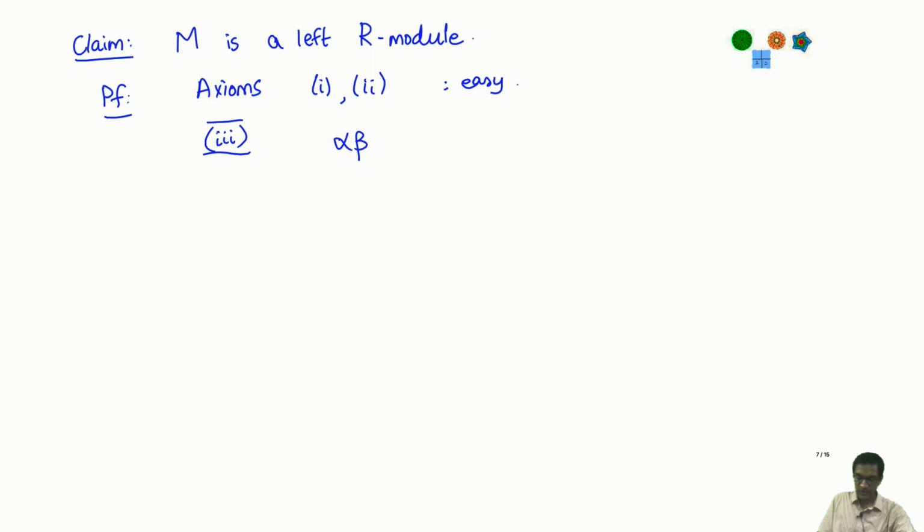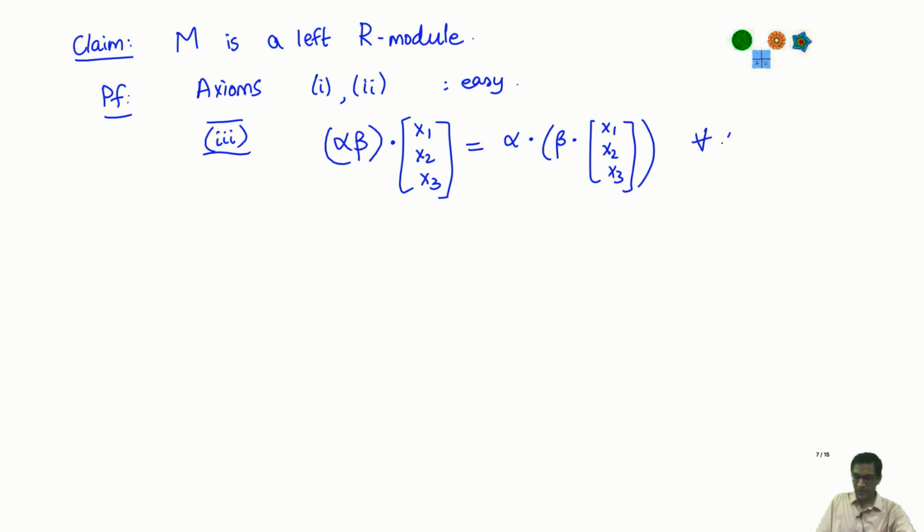So alpha beta acting on an element x1 x2 x3 should give me the same answer as alpha acting on beta acting on the element x1 x2 x3, and this should be true for all alpha, beta coming from a ring. The ring here, remember, is the group ring of S3, and for all elements x1 x2 x3 coming from my module M.